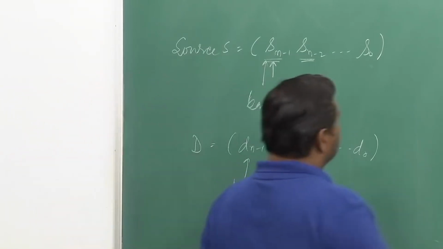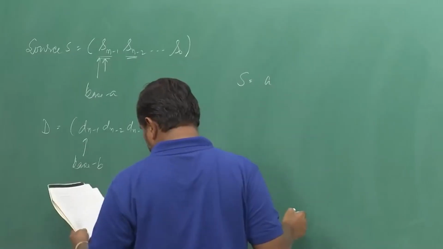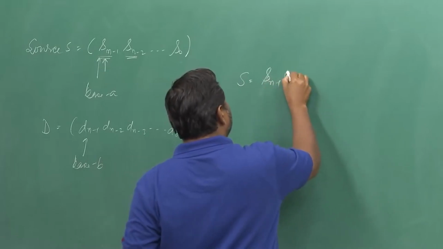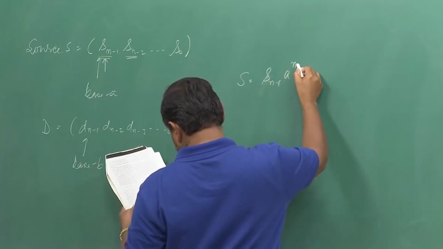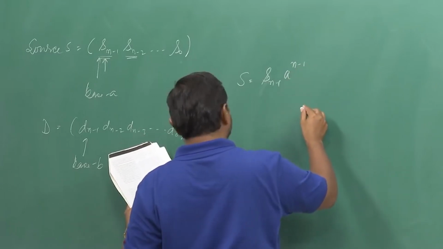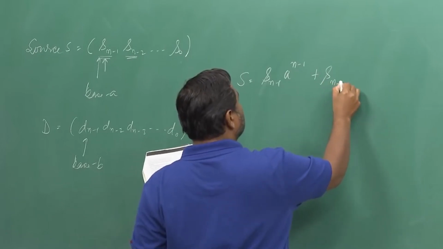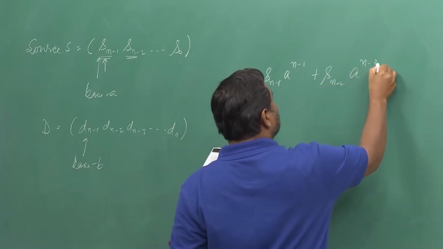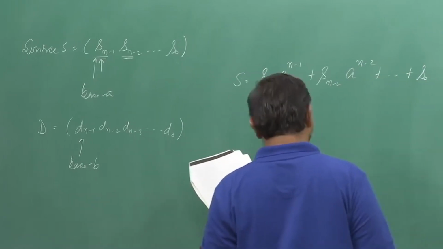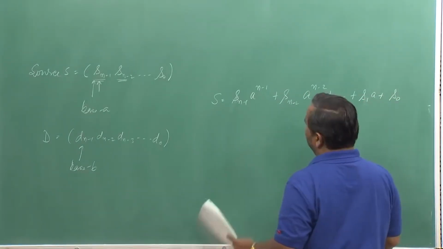So, in fact the source S now can be written as a raised power n minus 1 S n minus 1 plus and so on, S1 a plus S0.